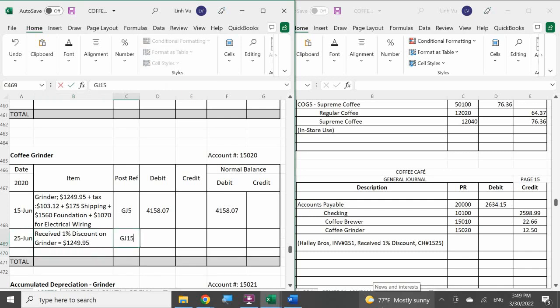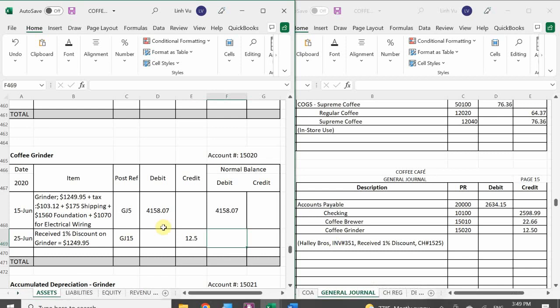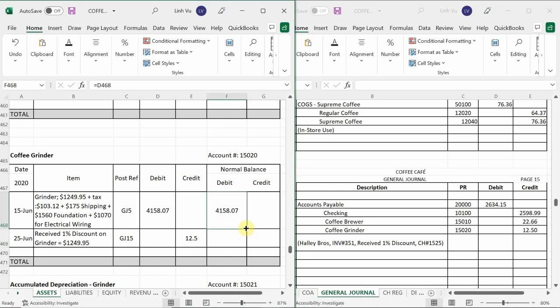Which gave us a discount amount of $12.50, which then is going to bring my account balance down to $4,145.57. Good.